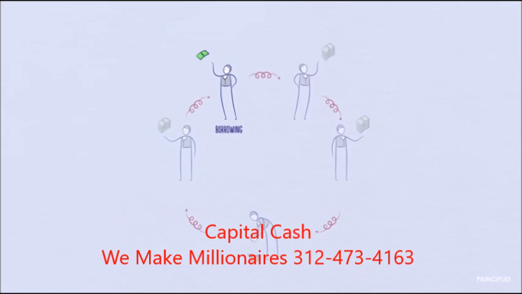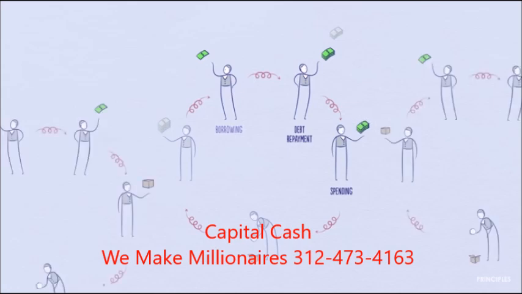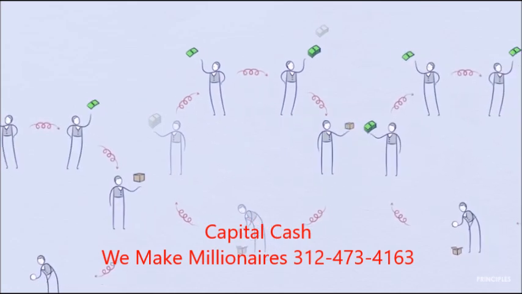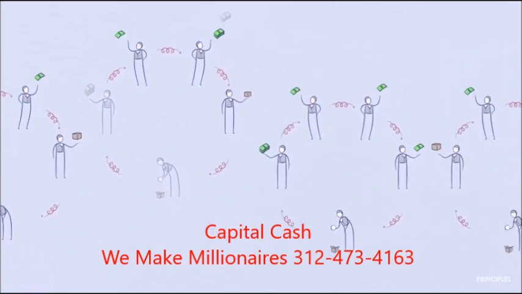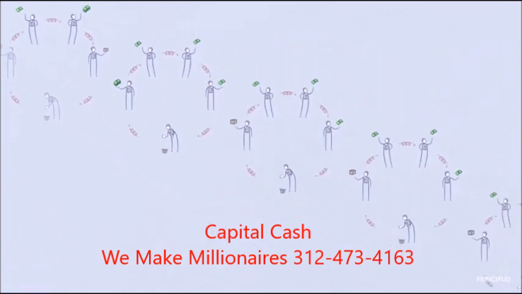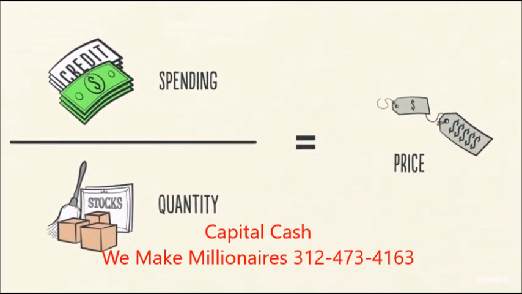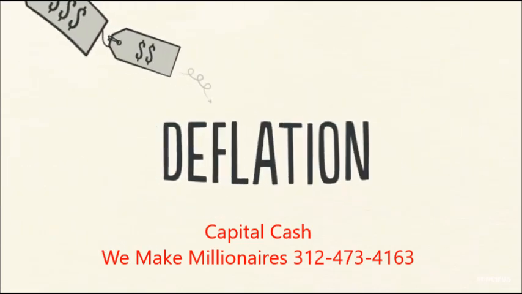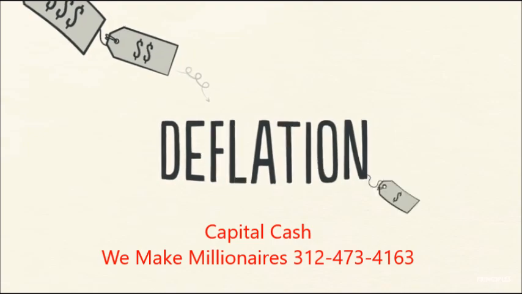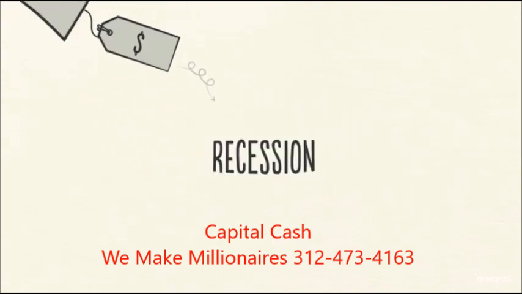Because people borrow less and have higher debt repayments, they have less money left over to spend. So spending slows. And since one person's spending is another person's income, incomes drop. And so on and so forth. When people spend less, prices go down. We call this deflation. Economic activity decreases, and we have a recession.